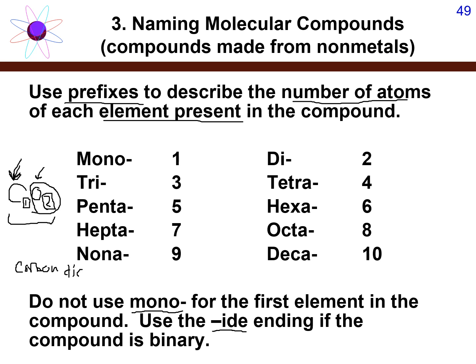Then typically you take the first syllable of the second element, which would be ox. Oxygen has three syllables. The first syllable is ox, and you add IDE to the end. So this is carbon dioxide. And IDE is indicative that this is a compound.